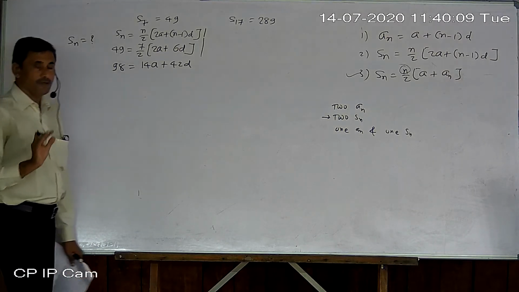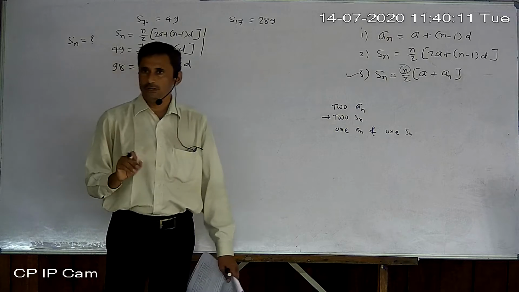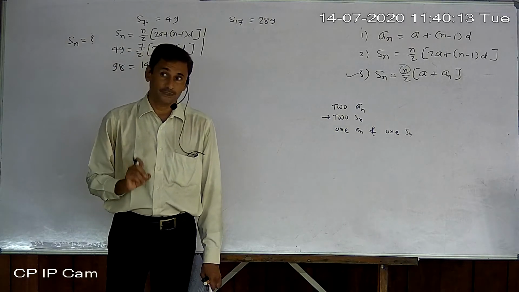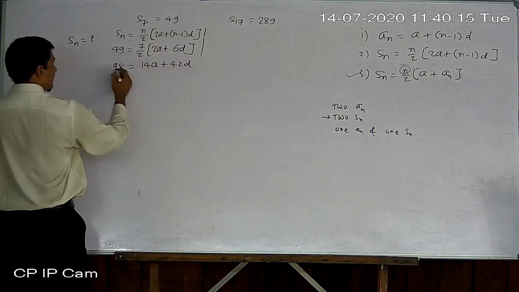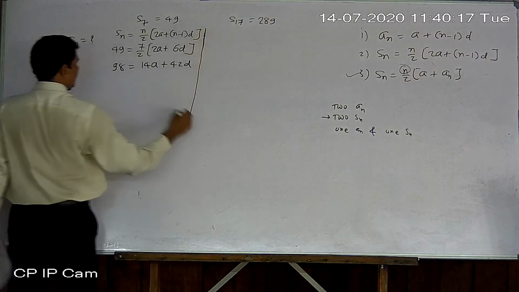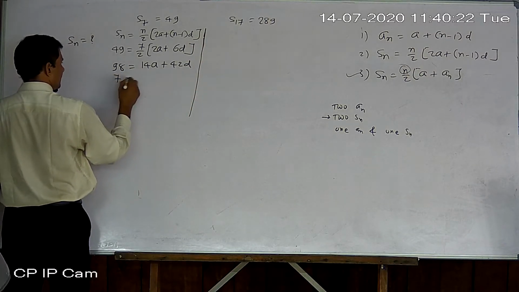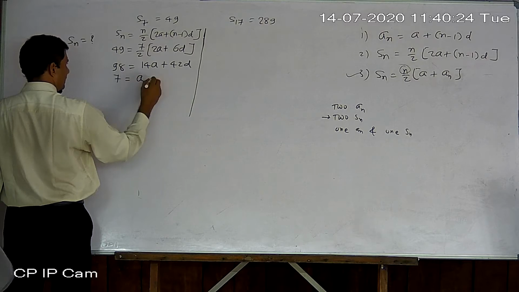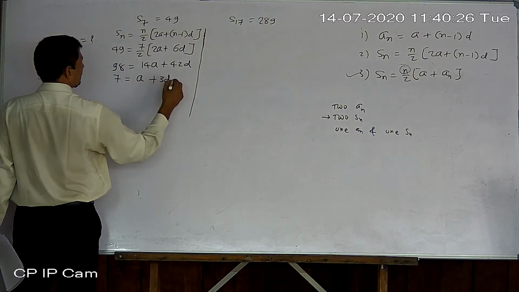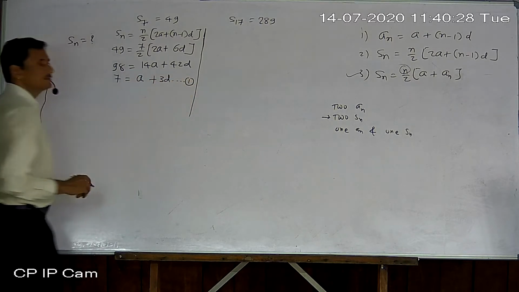So you know, whenever any equation is reducible, at that time we have to reduce it first of all. So I divide whole equation by 14. So 14 7s are 98, 14 1s are 14, and 14 3s are 42. So that is our first equation.